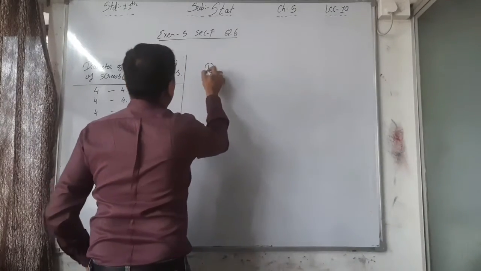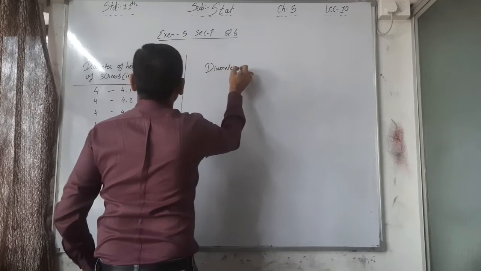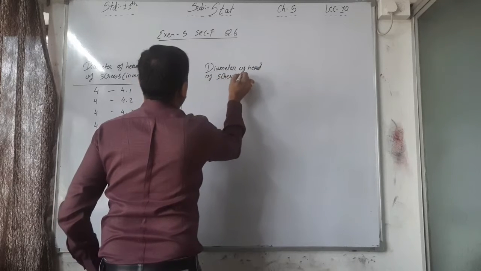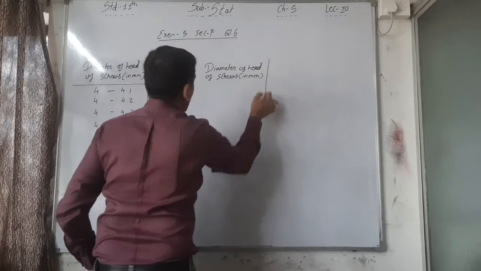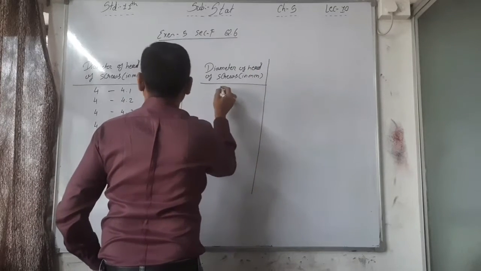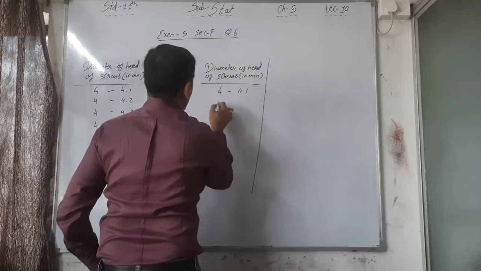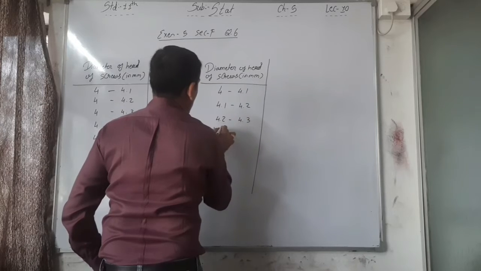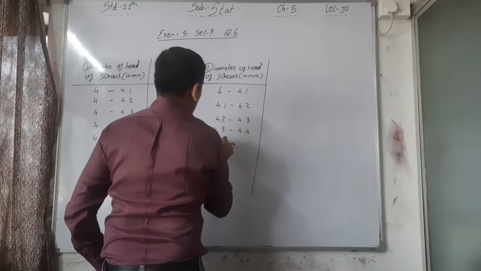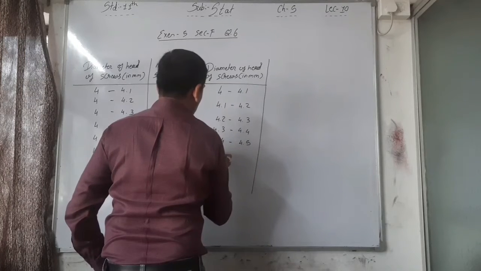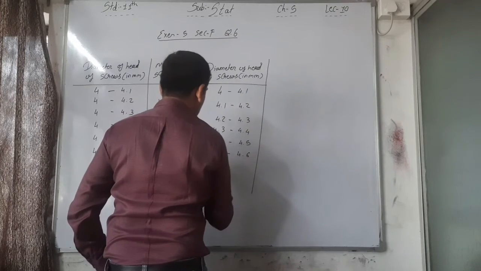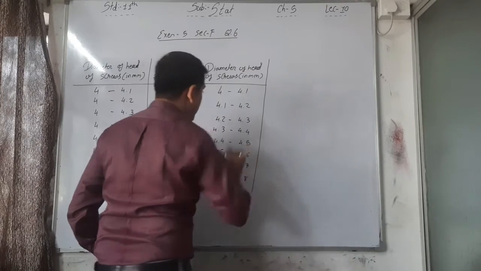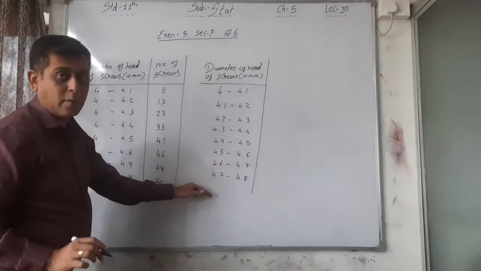I am writing the diameter of head of screws in mm: that is 4 to 4.1, then 4.1 to 4.2, 4.2 to 4.3, 4.3 to 4.4, 4.4 to 4.5, 4.5 to 4.6, 4.6 to 4.7 and 4.7 to 4.8. These are the original classes, compulsory.